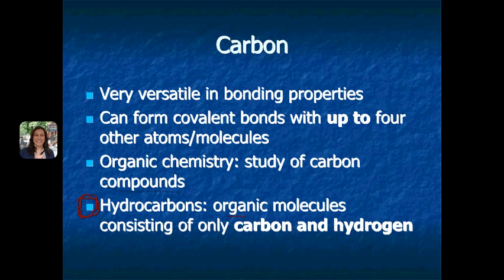Hydrocarbons are organic molecules that consist of only carbon and hydrogen. So a carbon backbone or carbon skeleton, and then hydrogen atoms attached to those carbons in numbers that depend on the bonds that are between the carbon atoms.